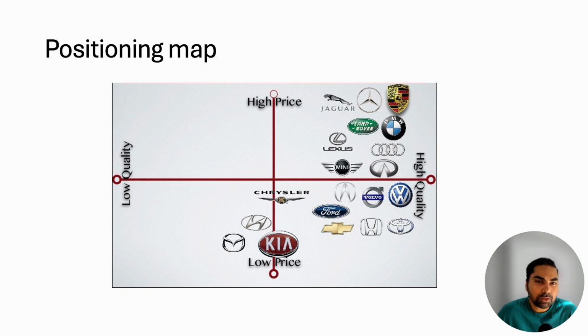As you can see from this graph, no one wants to be associated with high price and low quality, so there's no one in this quadrant. And you don't want to position yourself as low price and low quality, because no one wants that tag on them.